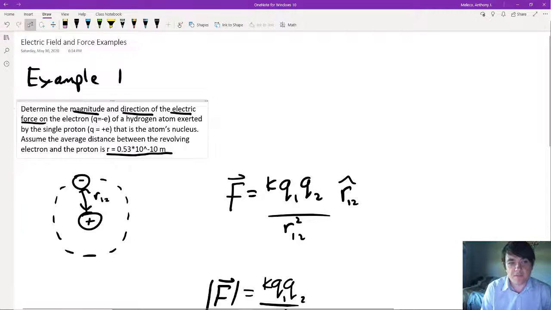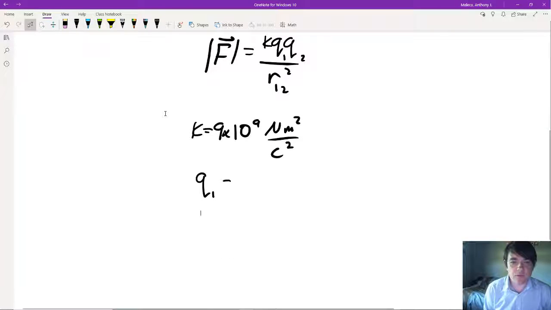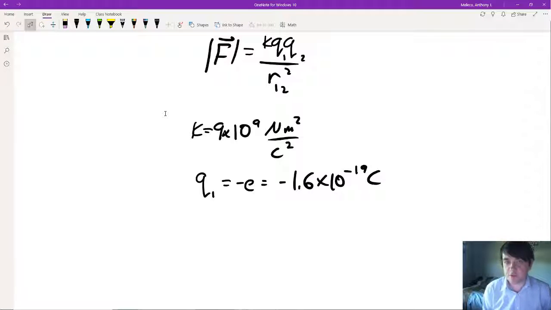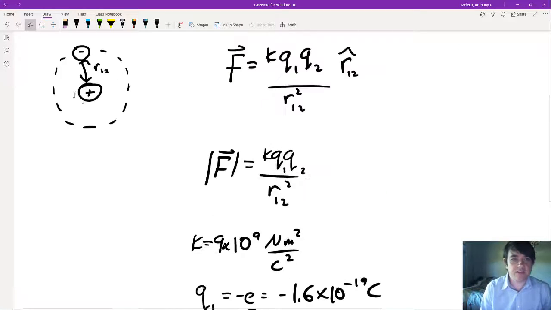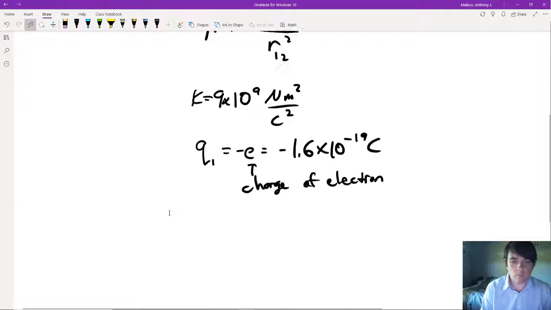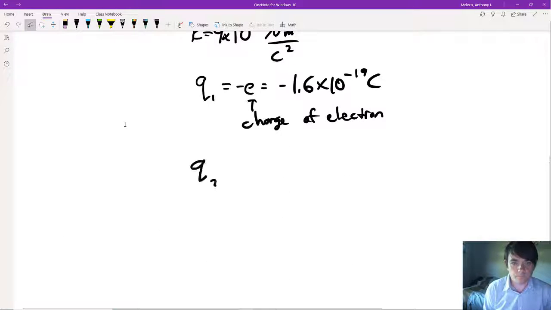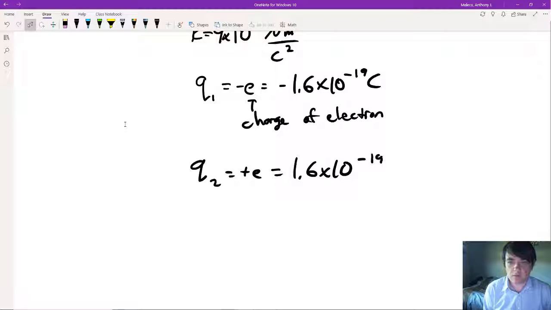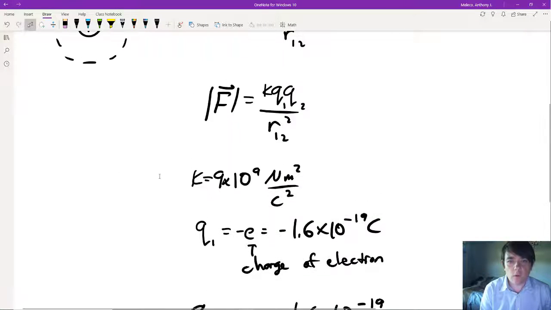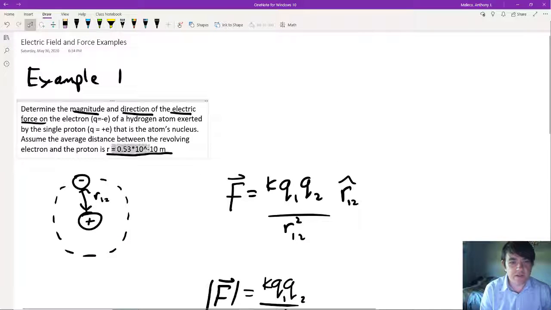So it says minus e, which is minus 1.6 times 10 to the minus 19 coulombs. So e refers to the charge of an electron. And then the proton is plus e, so Q2 equals plus e, 1.6 times 10 to the minus 19 coulombs. And so we just have r left, which is this value.